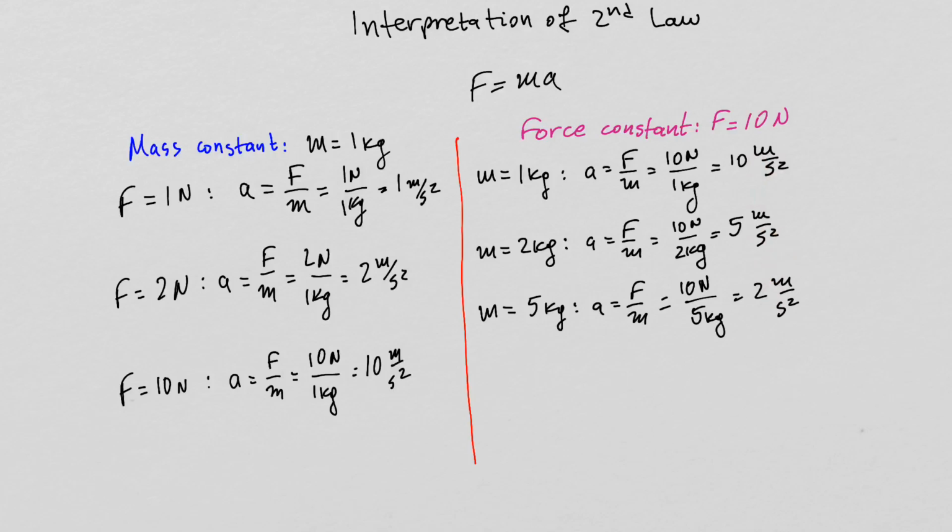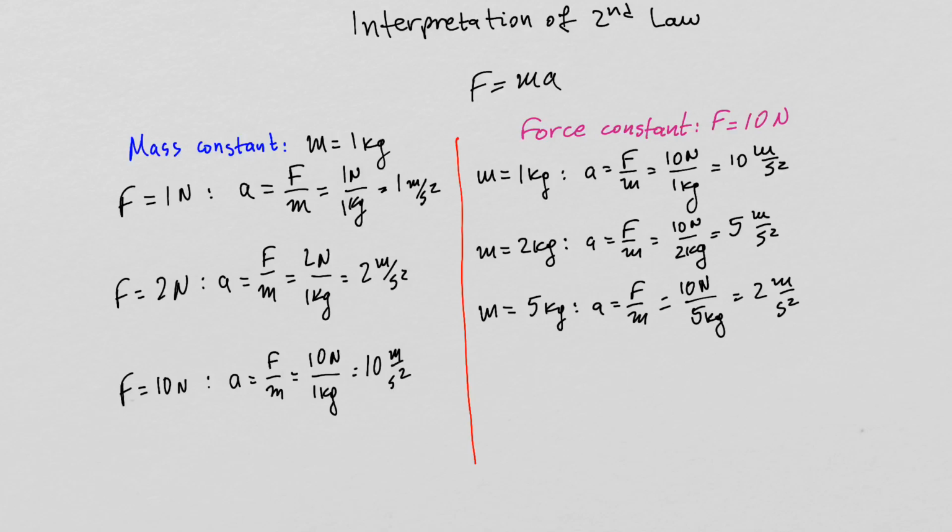And then in the previous example, for a constant mass, as the force increases, the acceleration increases. So that is sort of a confirmation of Newton's first law, the law of inertia. Heavier objects require more force to be moved, and if the same force is applied to objects with different mass, they will also move with different accelerations.